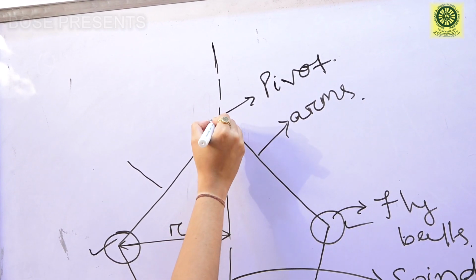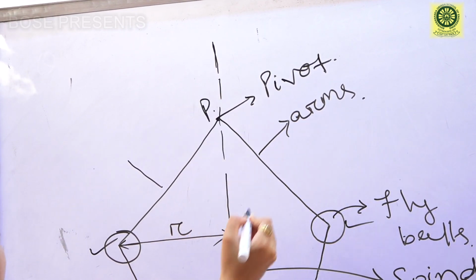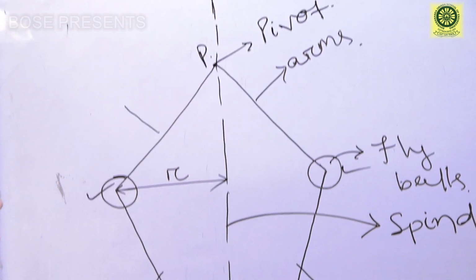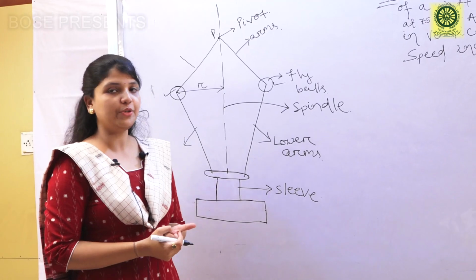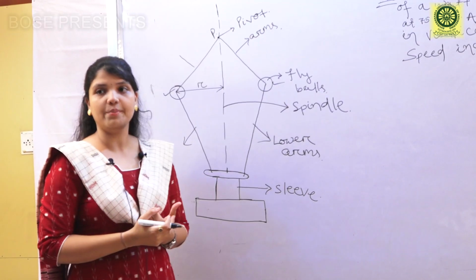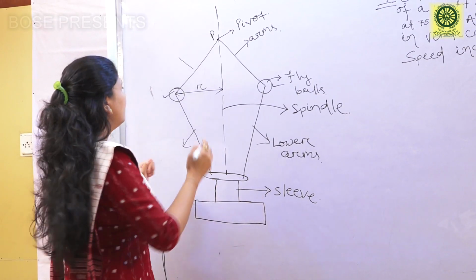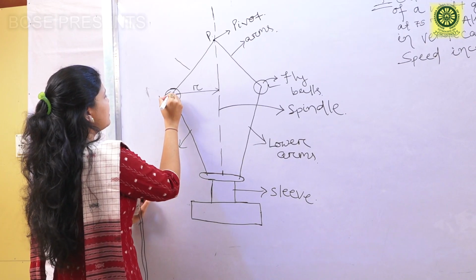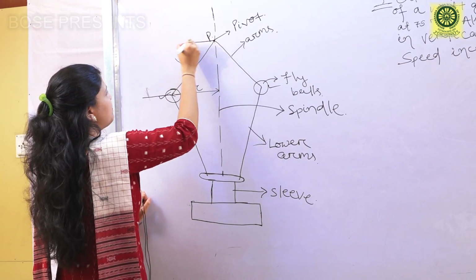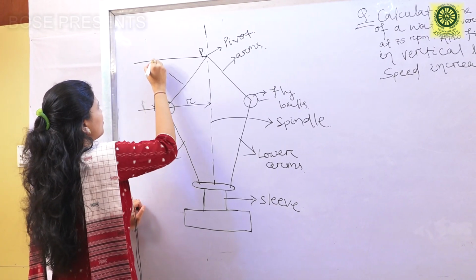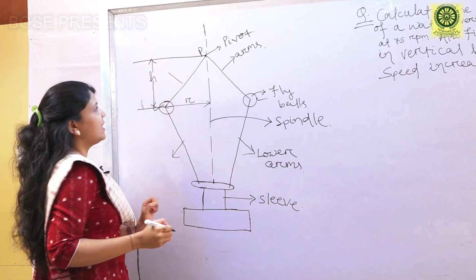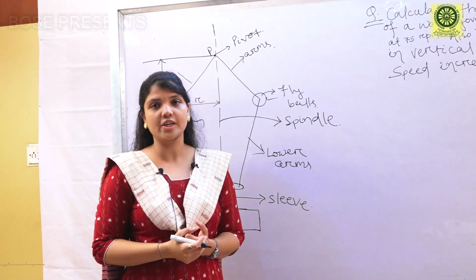I am naming this point as P. This r is the radius of rotation. It is the distance between the center of the fly ball and the spindle. Now, the distance between the center of this fly ball and this pivot point is denoted by h. So, this h is the height of the governor.